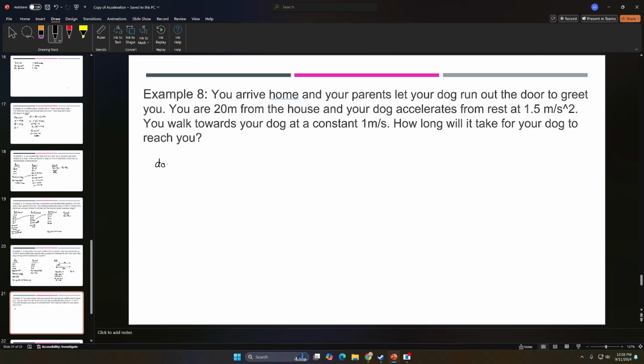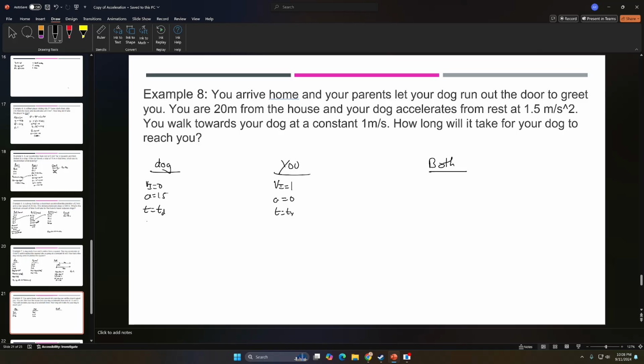We have a dog. We have you. And we could again say both. The dog has a v initial of 0, an acceleration of 1.5, and a time, again, we'll do t of the dog. You, initial velocity of 1, acceleration of 0 because it's constant velocity, and t of you.